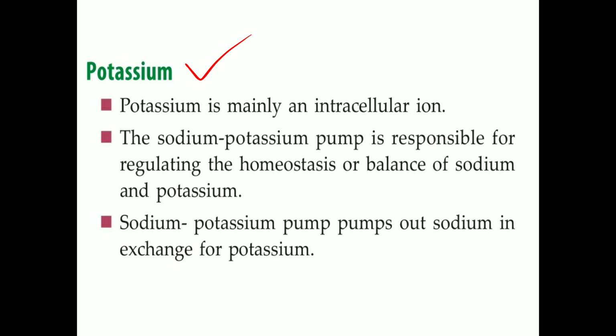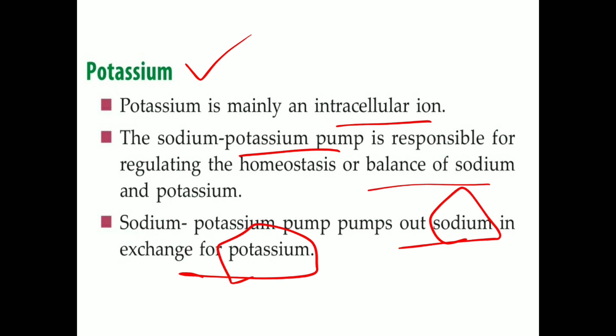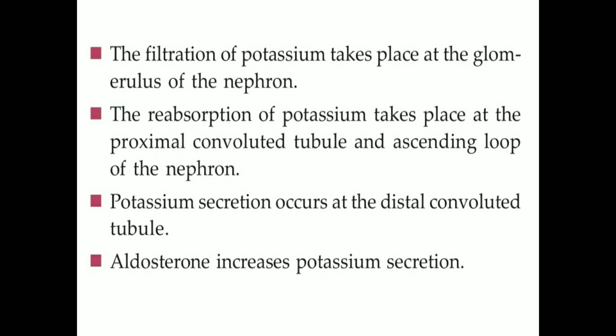Next is potassium. This is mainly an intracellular ion. The balance of sodium and potassium is maintained by the sodium potassium pump. The pump sends sodium out in exchange for potassium: potassium is taken into the cell and sodium is sent out. This is all managed by the kidney.